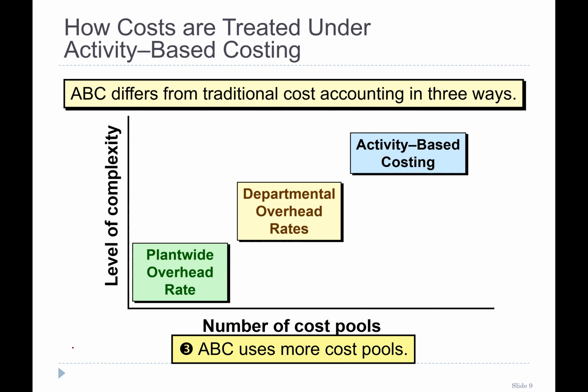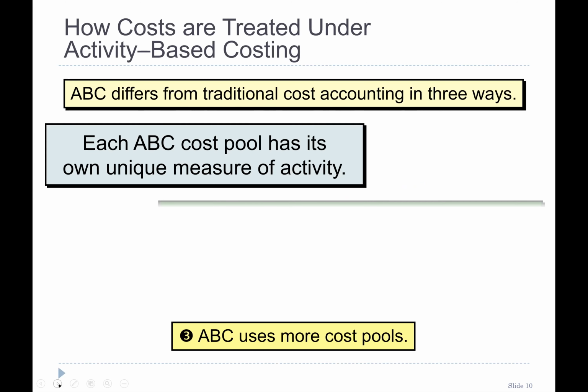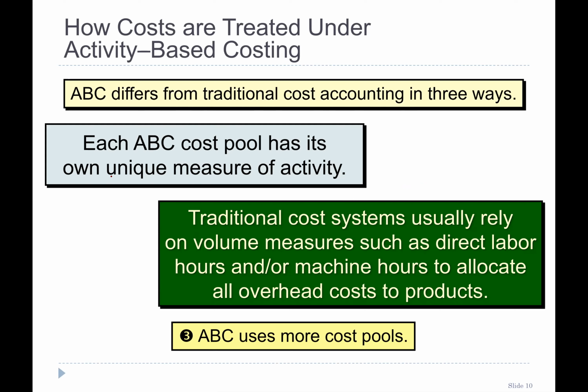The level of complexity here is that for lower complexity, it uses a plant-wide overhead rate. If the complexity is a little bit higher, it uses a departmental overhead rate. If the complexity is higher, it uses activity-based costing, which is a mixture of all different kinds of cost pools. Each cost pool has its own unique measure of activity.